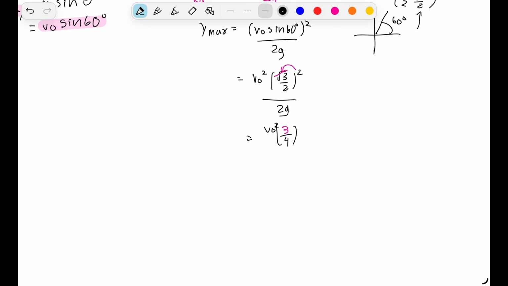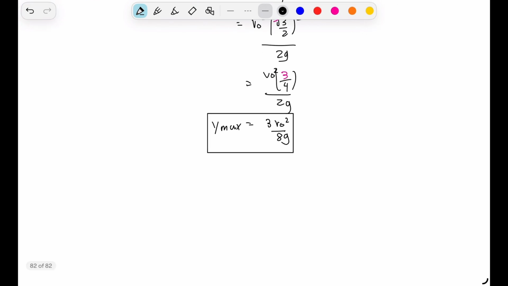We have v initial squared over 2g. Now, this simplifies to 3 v initial squared over 8 times g. So that is how we get that expression for the maximum height that our projectile is going to reach if we launch it at angle theta.